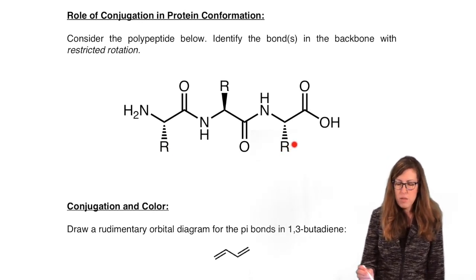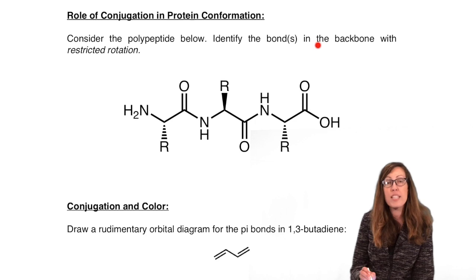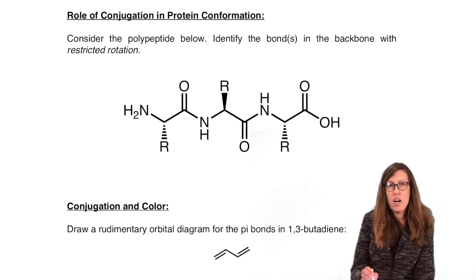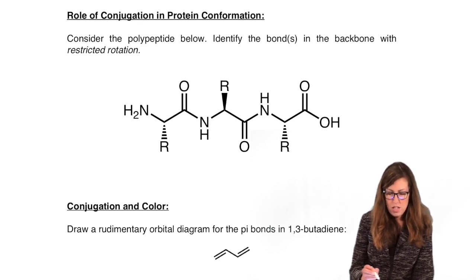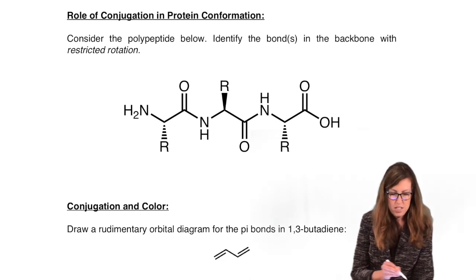And let's identify the bonds in the backbone that have restricted rotation. Well, what do we know about rotation? We know that if we have a pi bond, it can't rotate, but if we have a sigma bond, it can. So we're going to ignore pi bonds, and we're only looking at the backbone. What would cause restricted rotation? Anything with pi bond character.